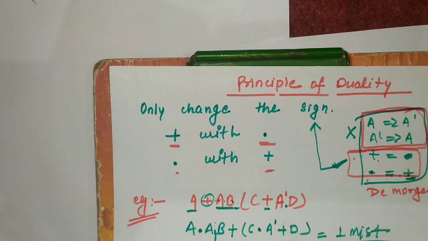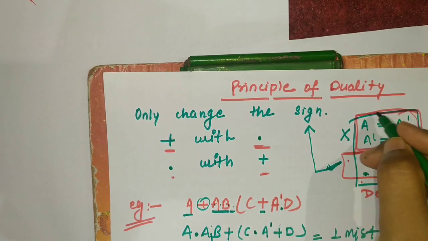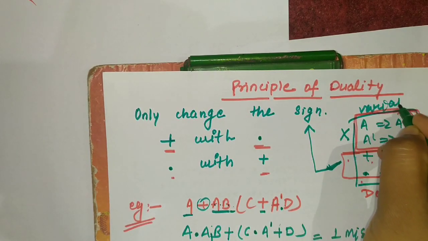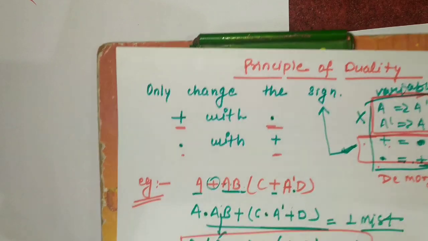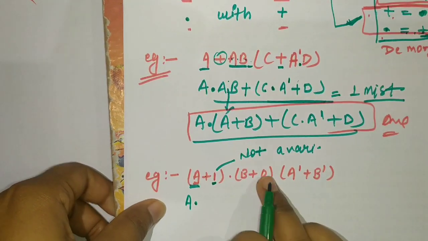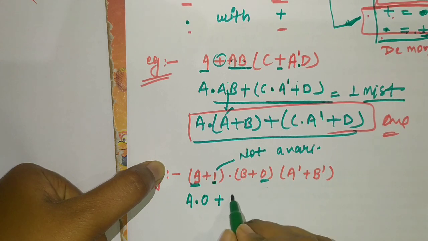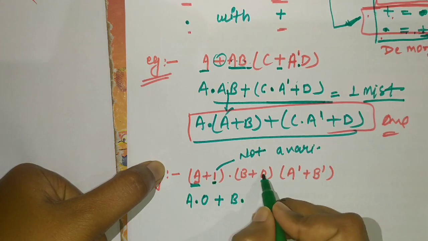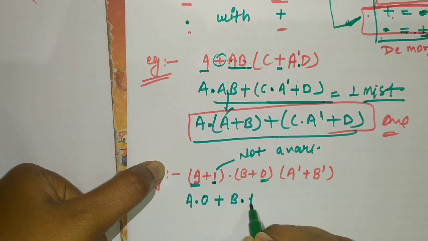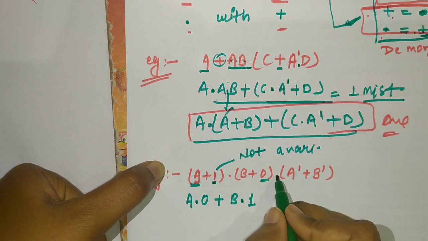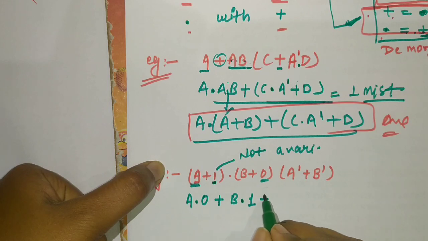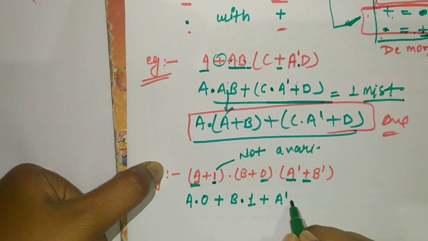Variables do not change, but 1 or 0 is not a variable, so it also changes. So 1 becomes 0, then the dot converts to plus. Then D, plus converts to dot, and 0 changes to 1. Then the multiply sign converts to plus, and A dash again, then plus converts to dot, and B dash.